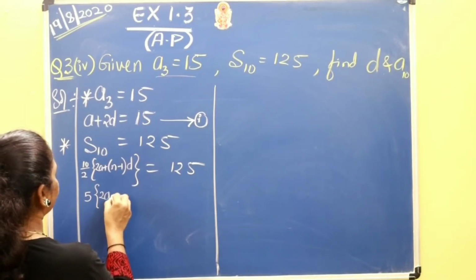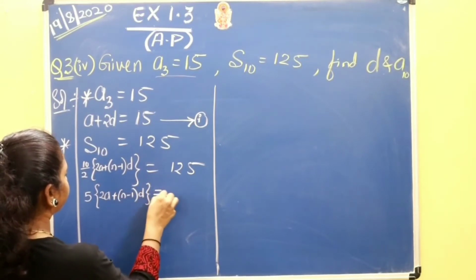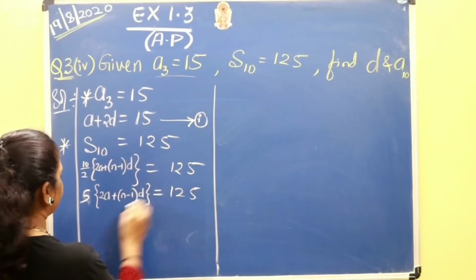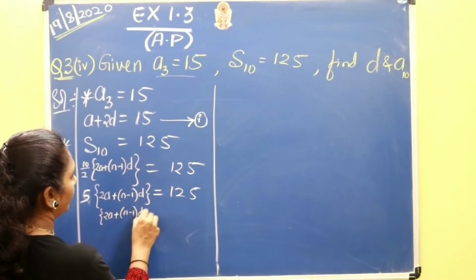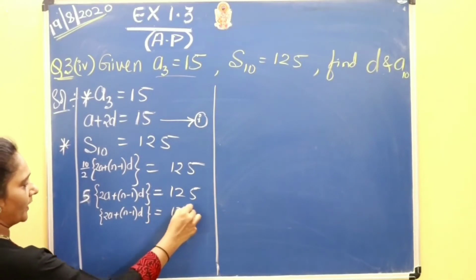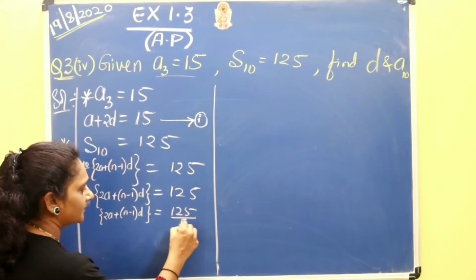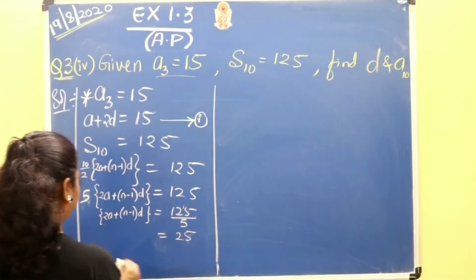So it is 5 times 2a plus n minus 1 into d, keep as it is. This is equal to 125. The next step: this multiplication by 5 changes to division. So we get 25 here.